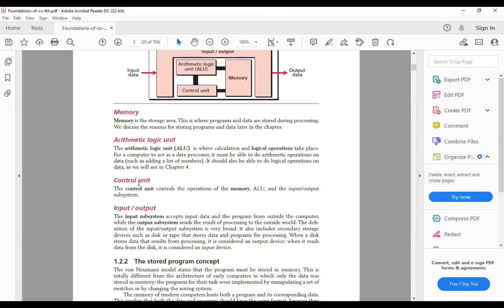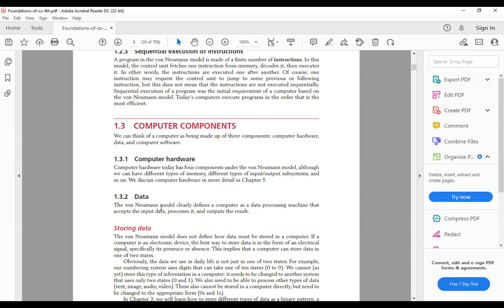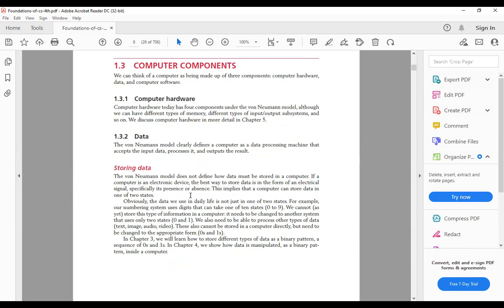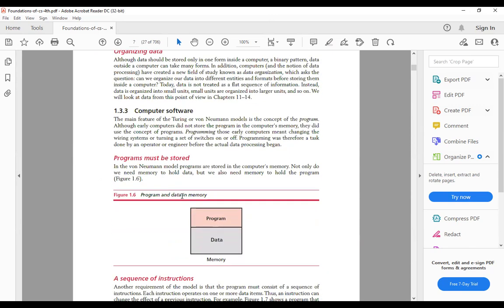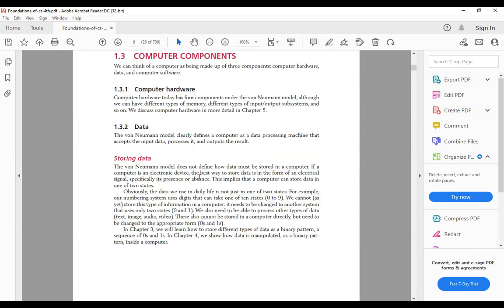We talk about ALU, memory, CU, and the input and output. Then we describe the relation between the hardware and the data, and how Von Neumann introduced the storing process for the data, and how the data is converted to 0, 1. But we're going to describe this in chapter 3 and chapter 4, where we will go deeper about this.